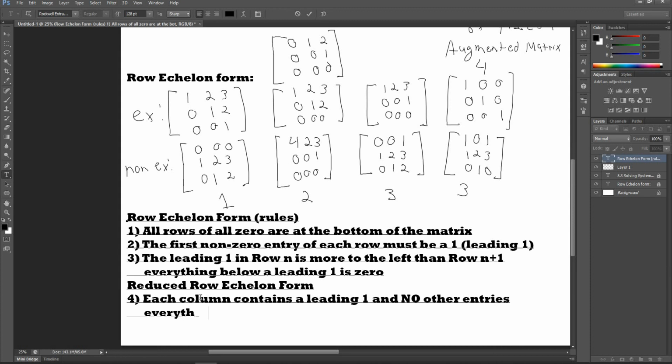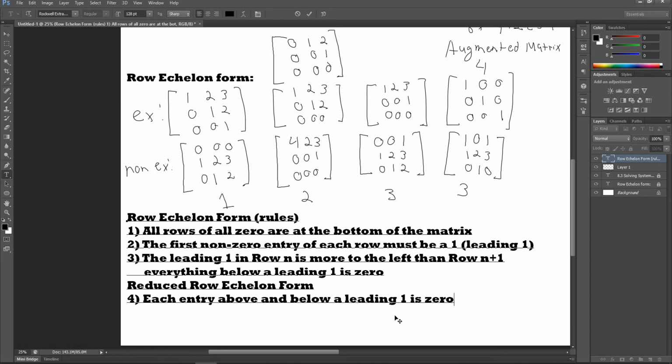So everything above a leading, I shouldn't, actually, nope, that's not right. Scratch that. That's technically not worded correctly. I'm going to write the way that I prefer to write it, which is that each entry above and below a leading 1 is 0.